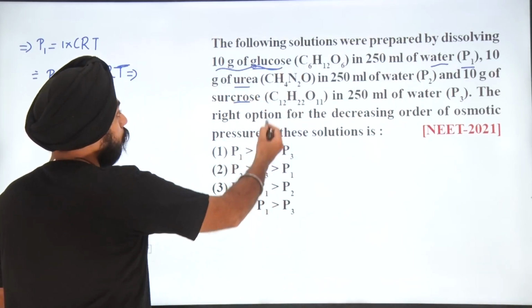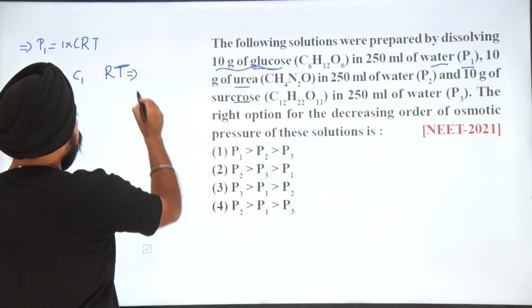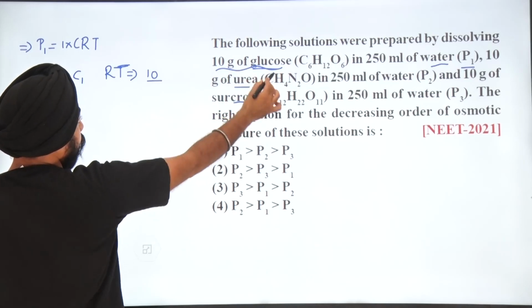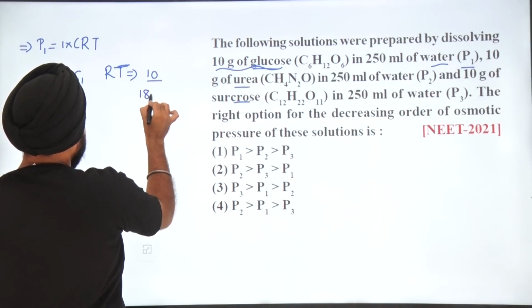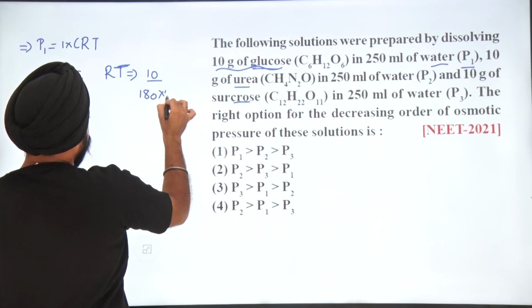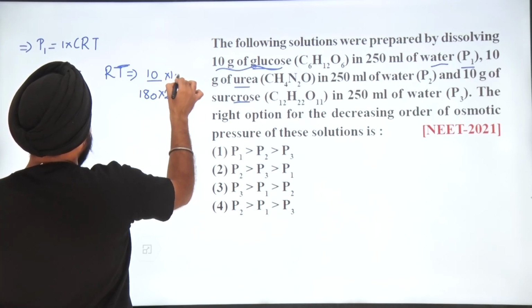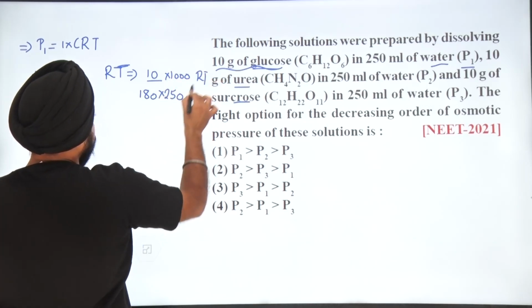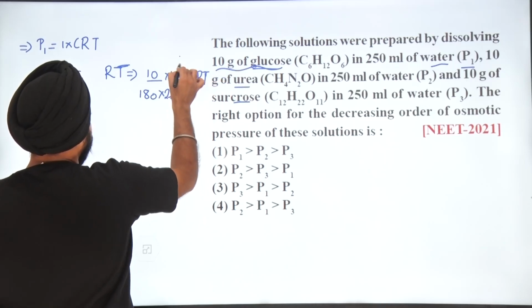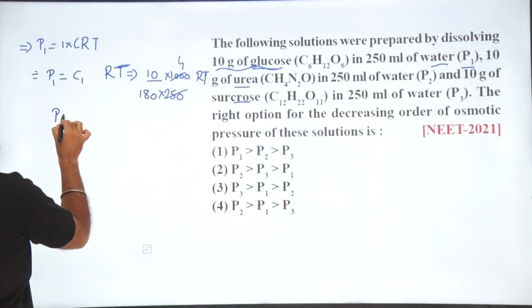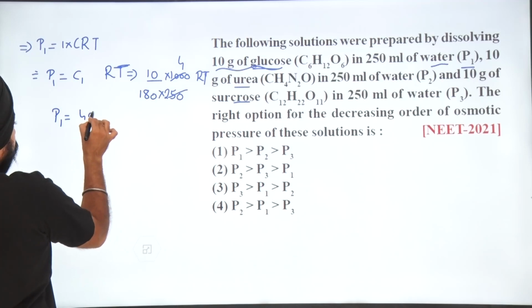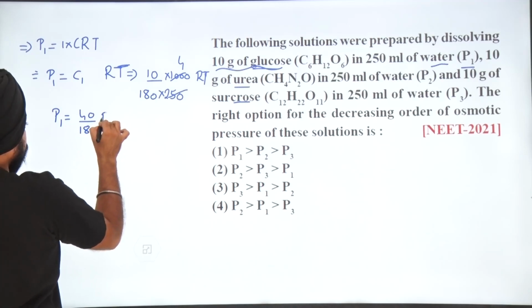So it is number of moles of solute, which can be calculated by weight over molecular weight. This is 10 divided by molecular weight of glucose 180, students, into 250 into 1000 RT, right? So this will be cancelled out. Finally I am having P1 equals 40 by 180 RT.